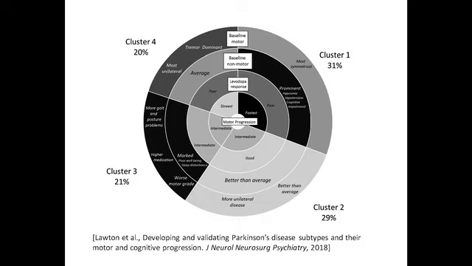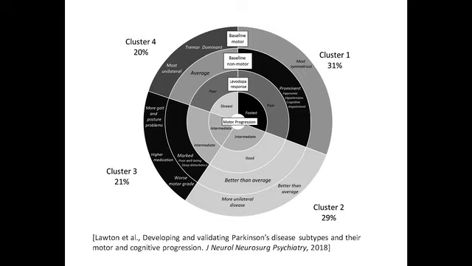So let me walk you through this figure so you see how to interpret it. Parkinson's patients can be measured in terms of a few different axes. You could look at their motor progression. So that is shown here in the innermost circle. And you see that patients in cluster 2 seem to have intermediate level motor progression. Patients in cluster 1 have very fast motor progression. It means that their motor symptoms get increasingly worse very quickly over time. One could also look at the response of patients to one of the drugs, such as levodopa, that's used to treat patients.